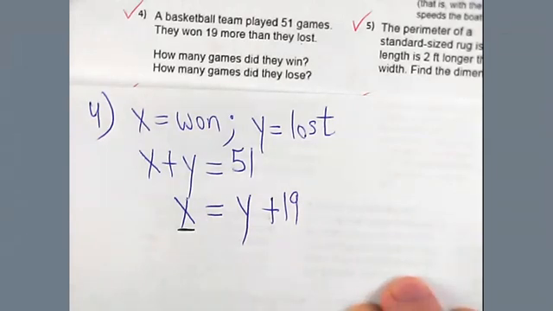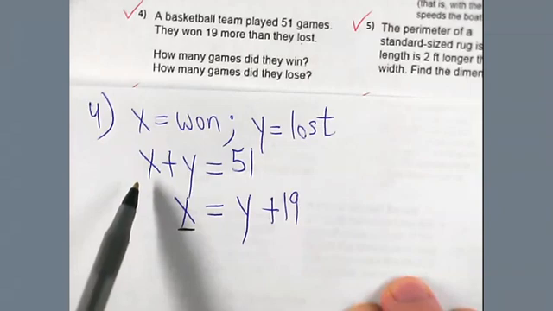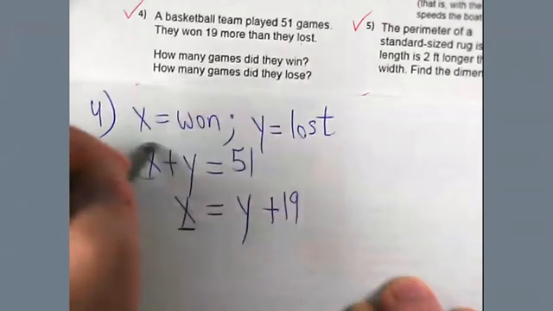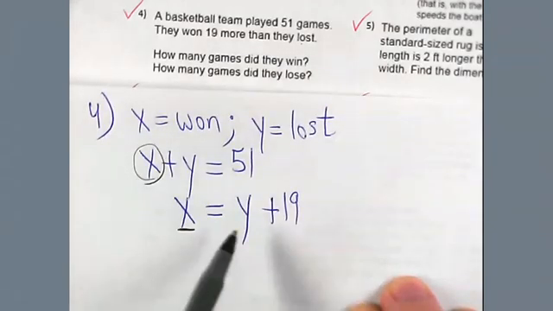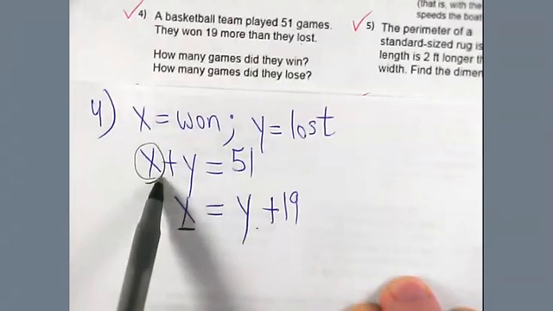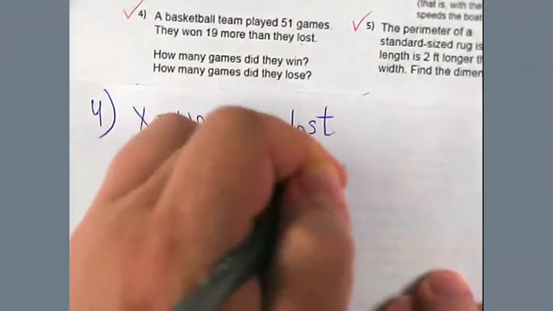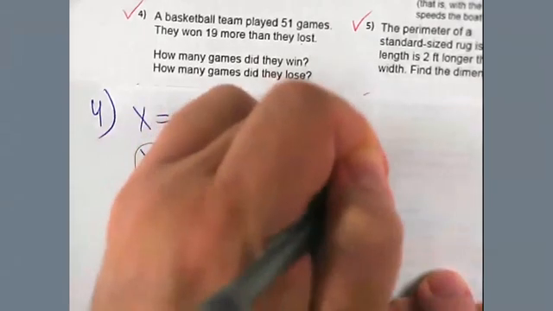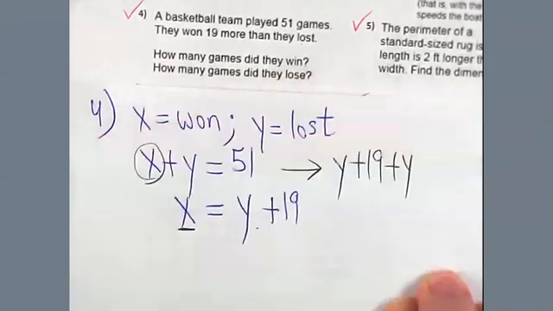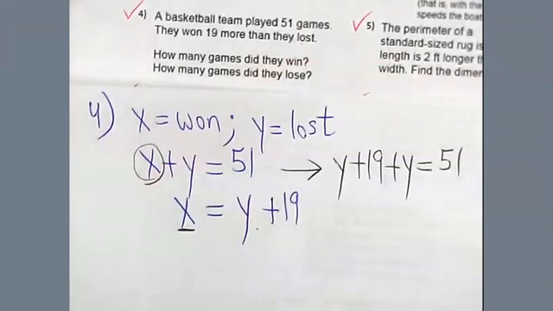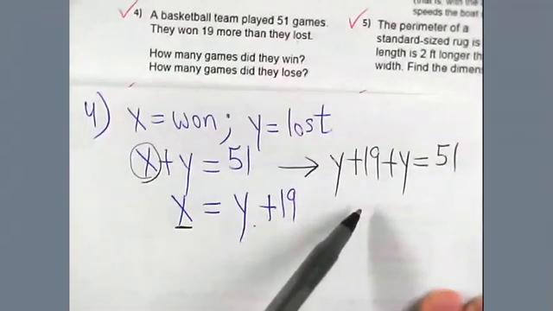So what we do is, in the first equation, where you see an x, copy and paste the y plus 19 in it. So we have y plus 19 plus y equal to positive 51. And we just solve for y.